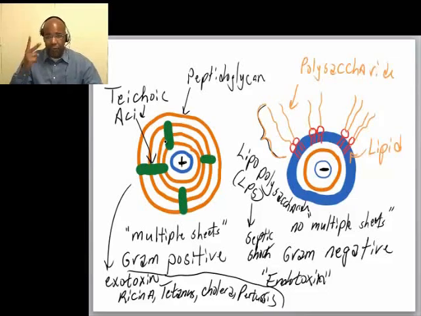Gram-negative bacteria have two membrane layers, an inner membrane layer and an outer membrane layer. In that outer membrane layer, we have lipopolysaccharide. That lipopolysaccharide is also known as LPS, or endotoxin, and this can cause septic shock. A lot of this kills a lot of people in the ICU, especially if they have septic shock.